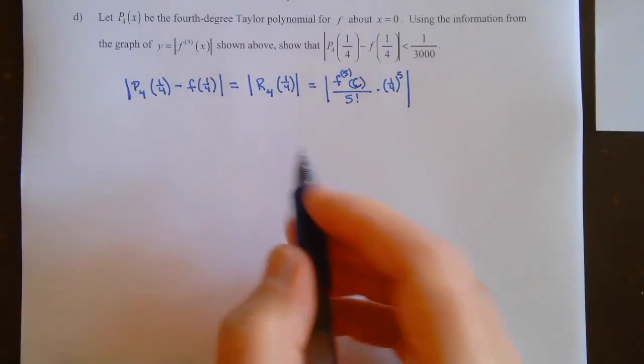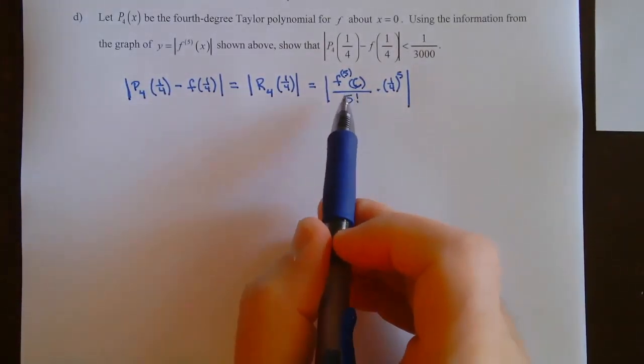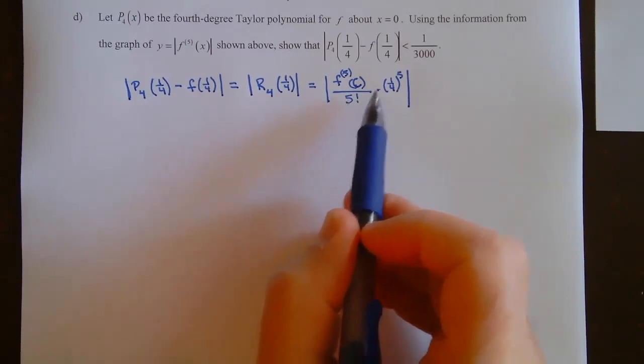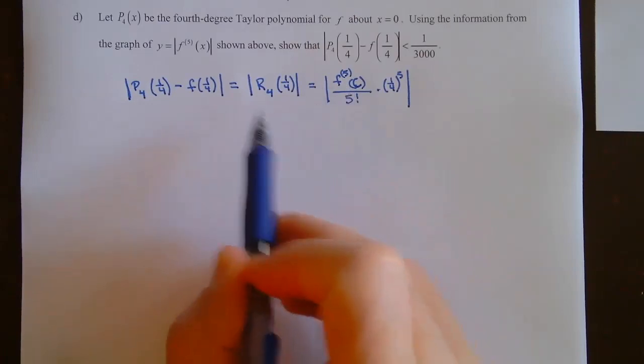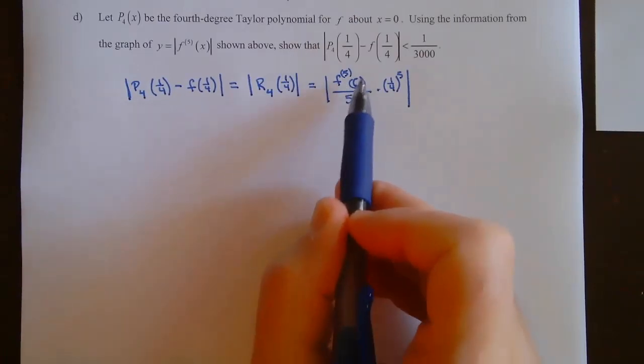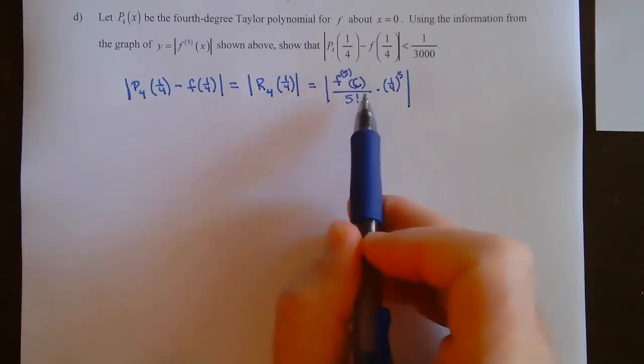Okay, now from Lagrange error bound, we know that if we find the maximum of this, then this error is going to be less than if we do the maximum of this. So these are all equivalent, okay?